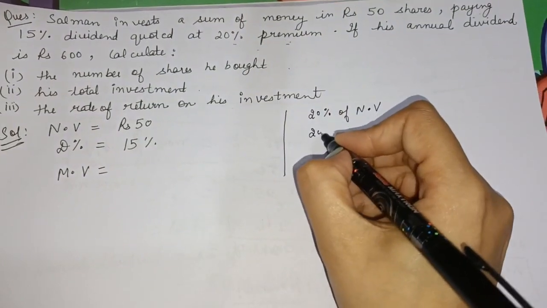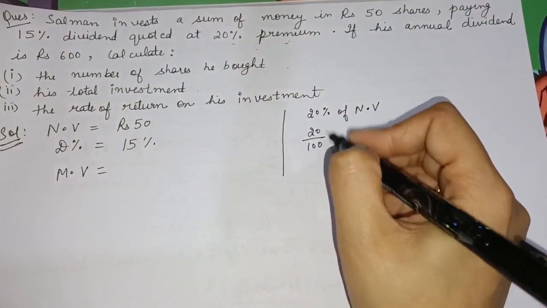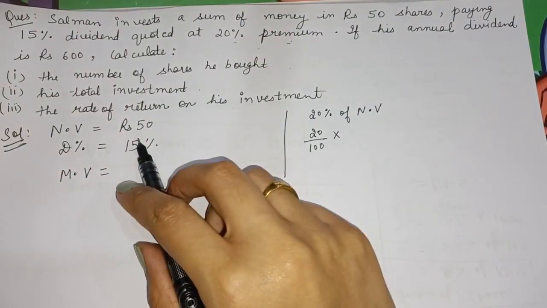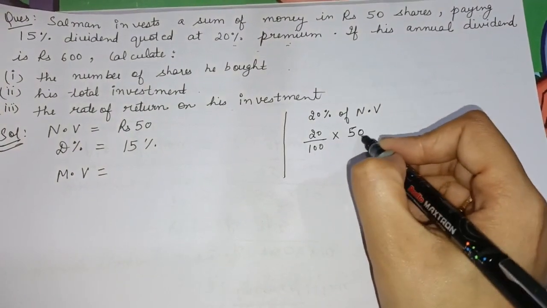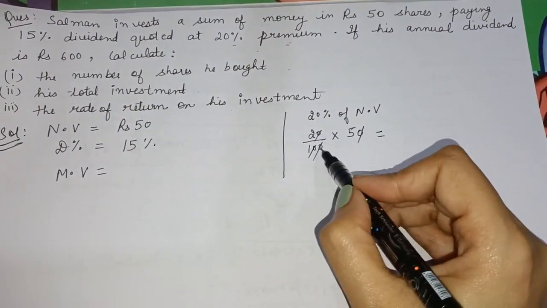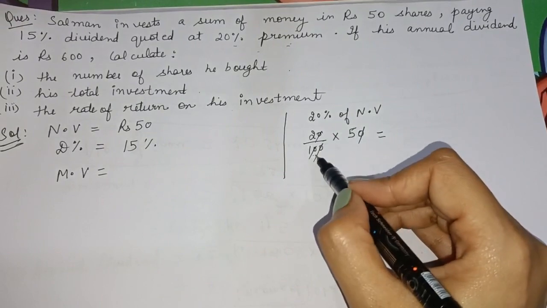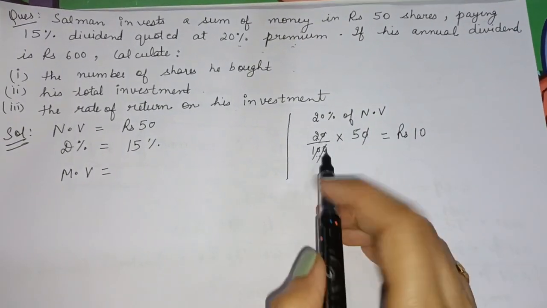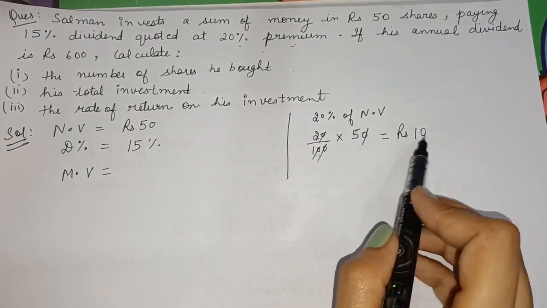So 20% of NV is 20 by 100, this percent means by 100, and of means multiplication. NV is nominal value, which is given to us as 50. On solving, this 0 gets cancelled here also, so 2 into 5 is 10. So 20% of rupees 50 is 10.